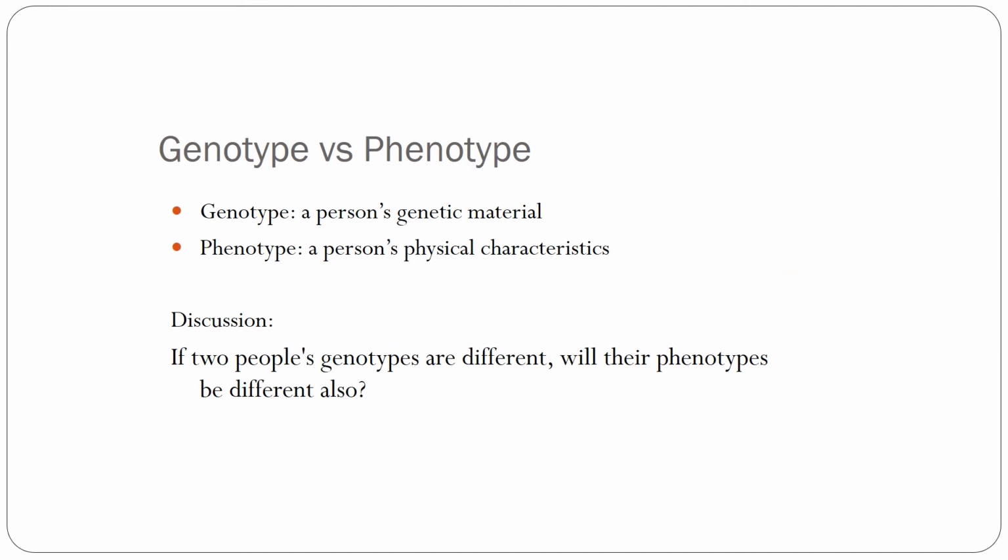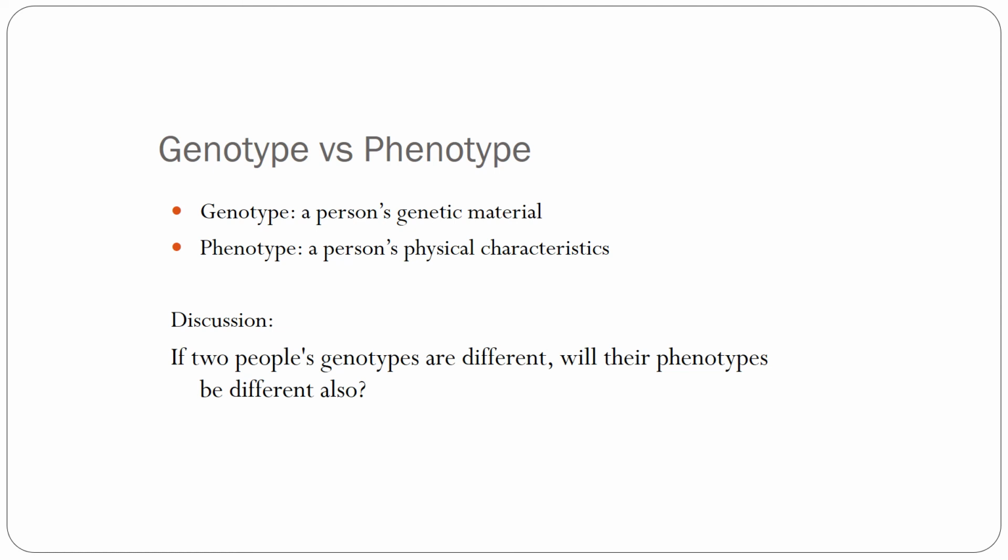Okay. Genotype versus phenotype, very easy. Genotype is the genetic material, the blueprint for how to assemble the person, basically, and phenotype is the actual physical characteristics. An easy way to explain it, and the book brings the example of the eyes: blue eyes are recessive and brown eyes are dominant.